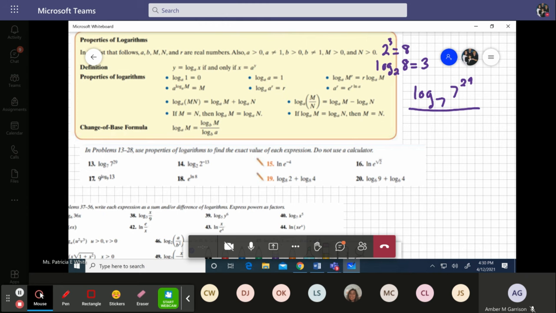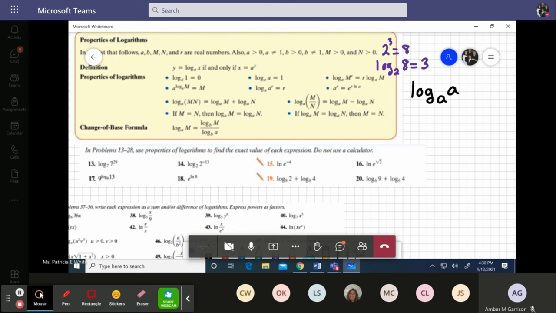So if I have the same, those two are the same number.